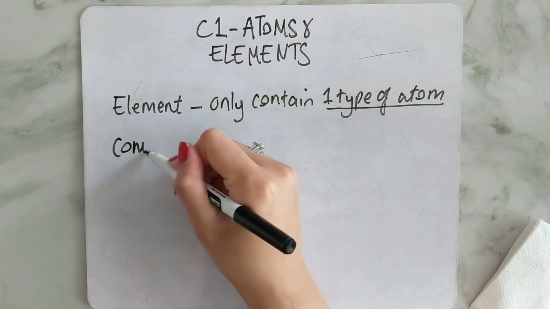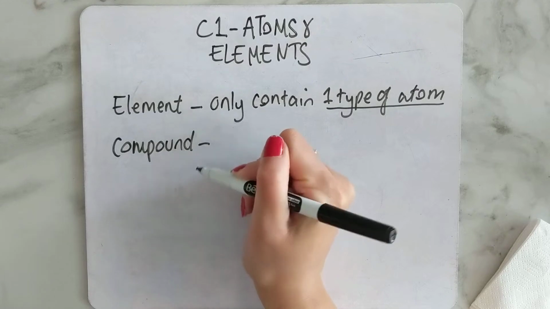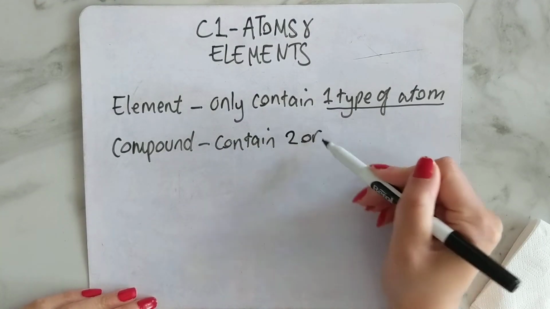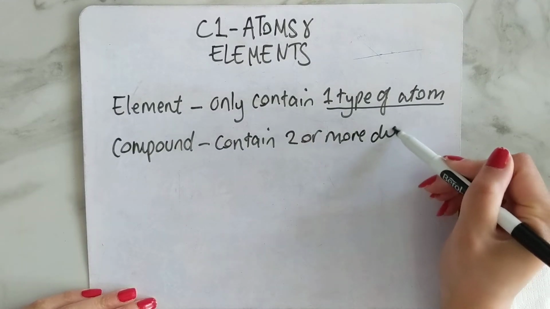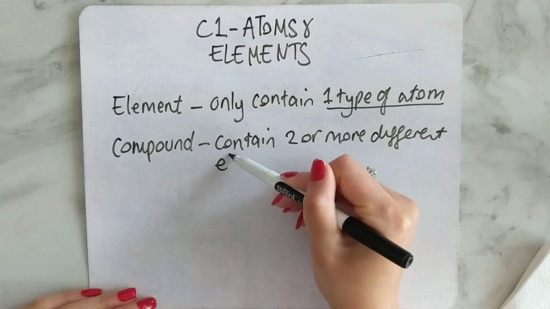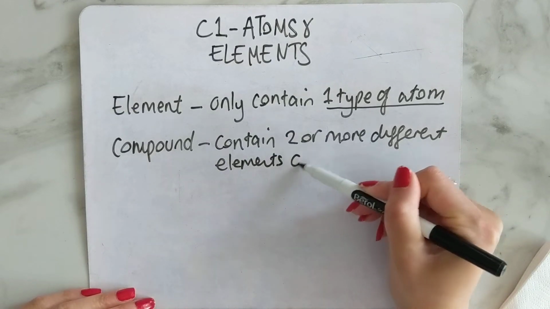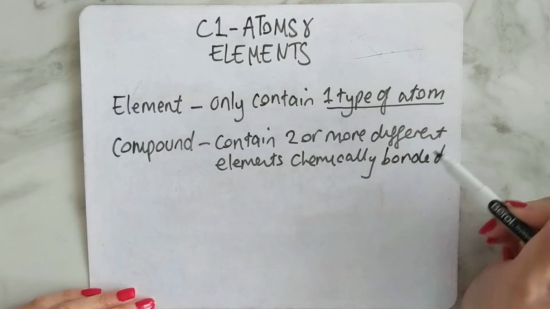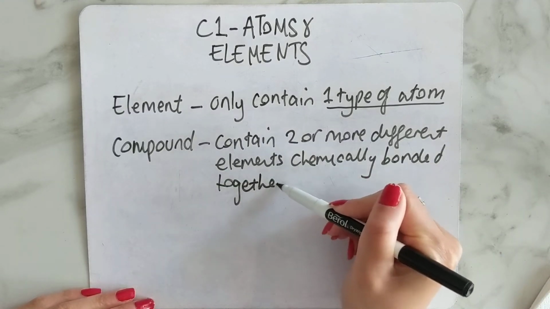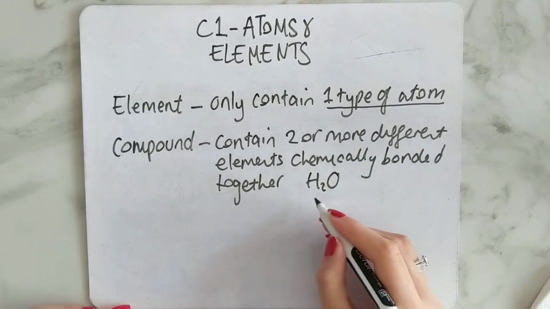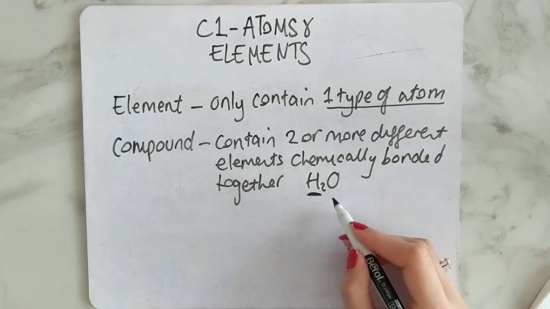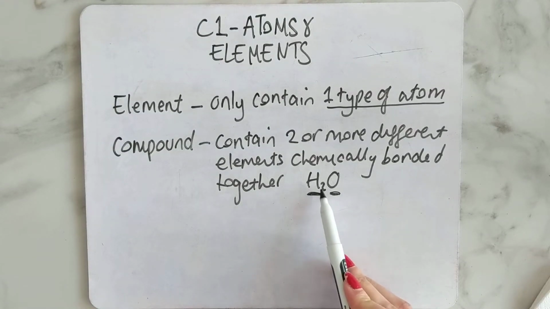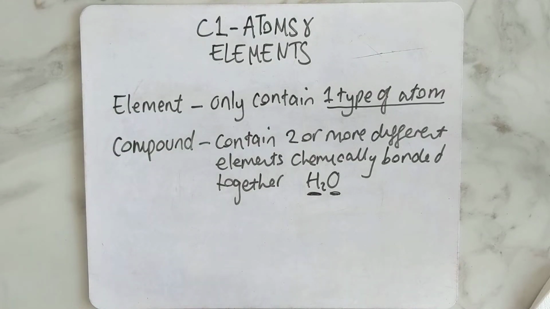However, a compound, on the other hand, compounds contain 2 or more different elements chemically bonded together. So for instance, let's have a look at H2O. You've got hydrogen, 2 hydrogens, and you've got 1 oxygen chemically bonded together. They're 2 different elements, therefore they're a compound.